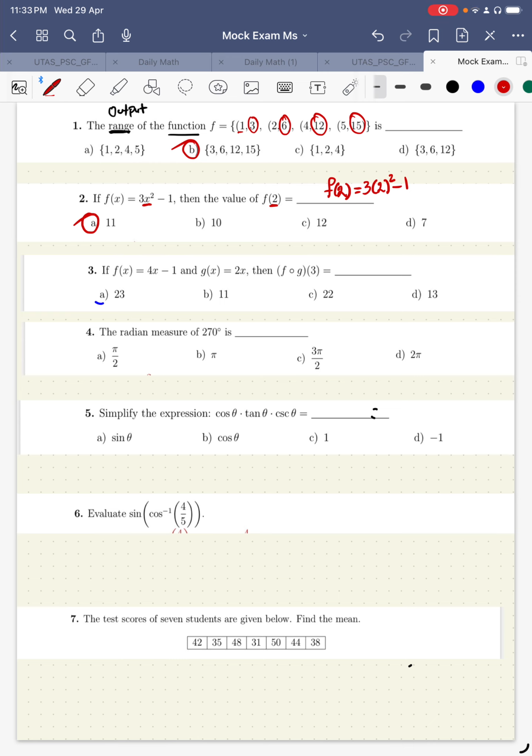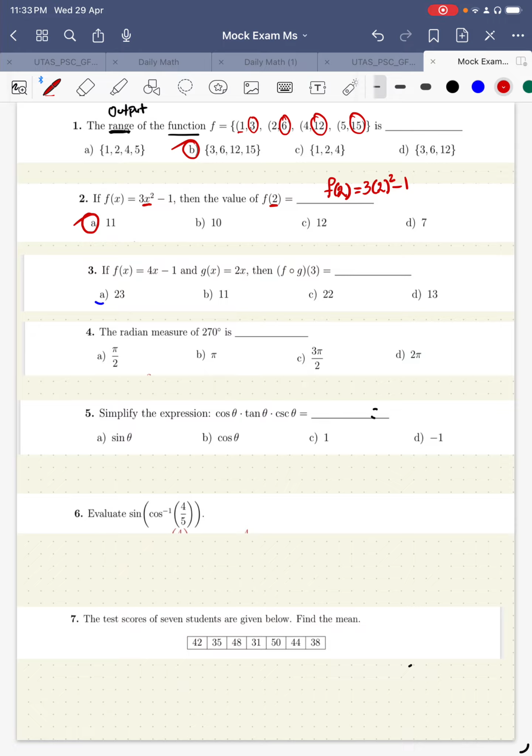So let's go to question number 3. If f of x equals 4x minus 1 and g of x equals 2x, then what is f of g of 3? Remember, this one is a composition of functions. When we talk about a composition of functions, we have two functions: the inside function and the outside function.